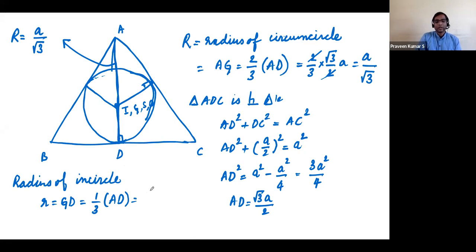So a by 2 root 3 will be the radius of the incircle. It is not necessary to remember all this. I'm just showing what type of problems can be asked and how you can quickly calculate all those, even if you don't remember any of this. So the radius of the incircle, small r, is equal to a by 2 root 3.